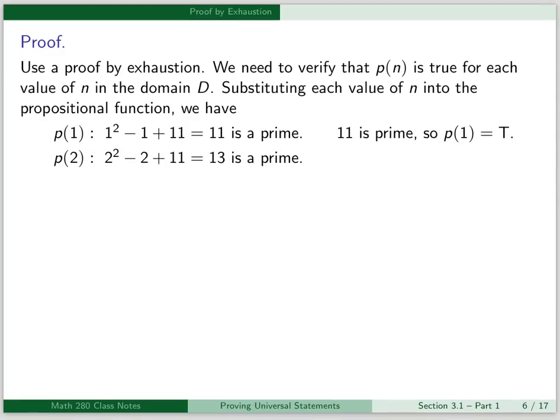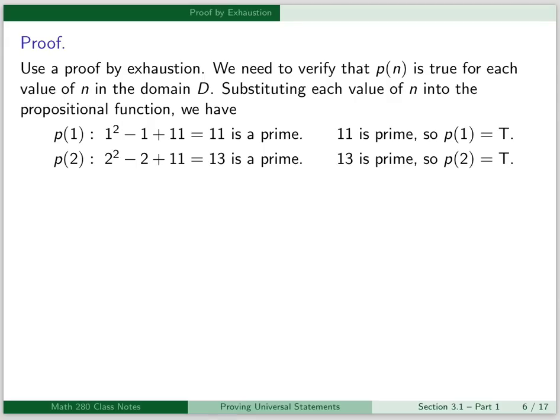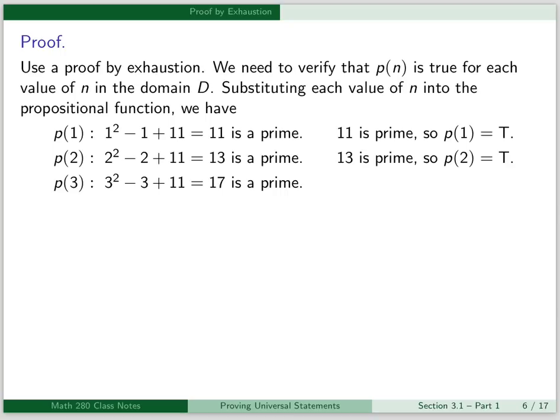P of 2 will say 2 squared minus 2 plus 11, which is equal to 13, is a prime. 13 is a prime, so P of 2 is true. P of 3 says 3 squared minus 3 plus 11, which is equal to 17, is a prime. And we know that 17 is prime, so P of 3 is true. And we just continue this way for each of the elements of our domain.